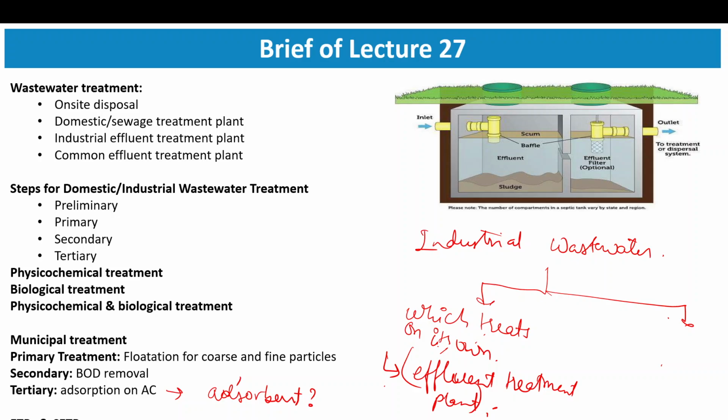Now there are industries, for example small scale industries. These generate wastewater, but due to the lesser amount of money available, or the higher cost involved in treating such a small amount of water, it might be costlier to treat water for just that particular industry.